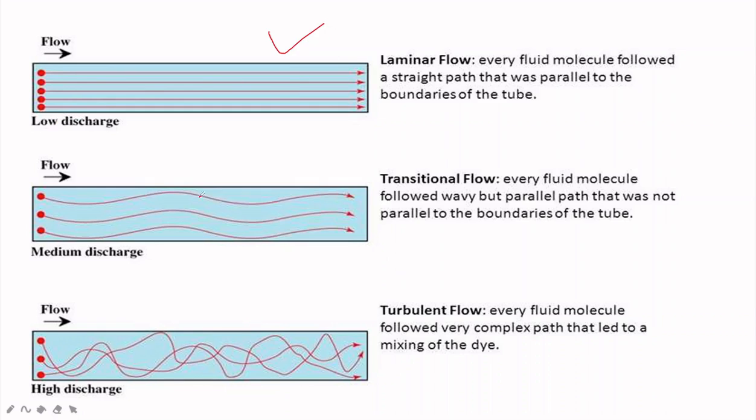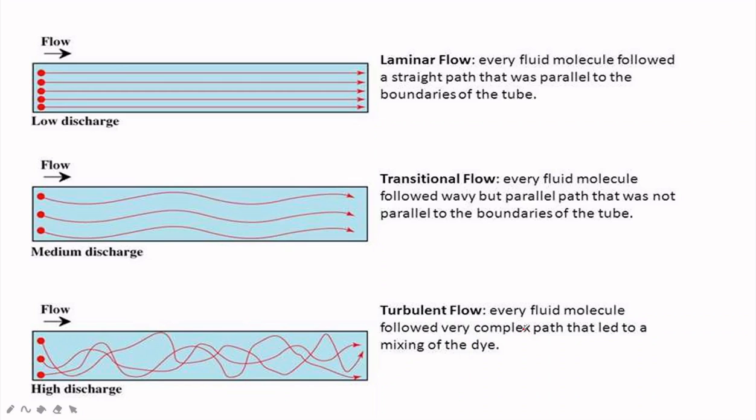If it is transitional, it is just moving like this. The smooth curve is just forming, when it is medium discharge. What about high discharge? Whenever it becomes high discharge, the water flows as it wants. It makes its own path. That type of flow is called turbulent flow.